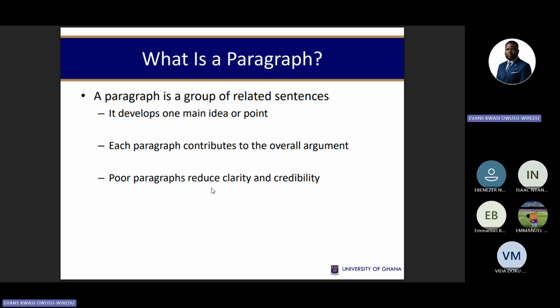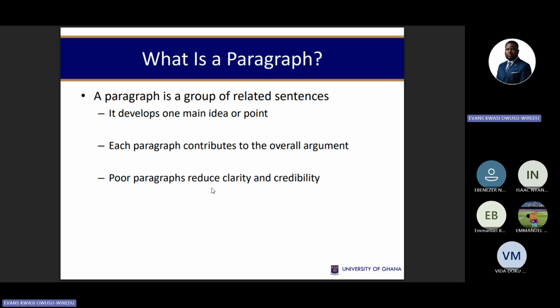Okay, so poor paragraphs, they are not clear, and when they are not clear, it means that they don't have the main topic at heart. And also they are not contributing that small contribution, because each paragraph contains a small contribution to the main topic. So we say that they are not clear.